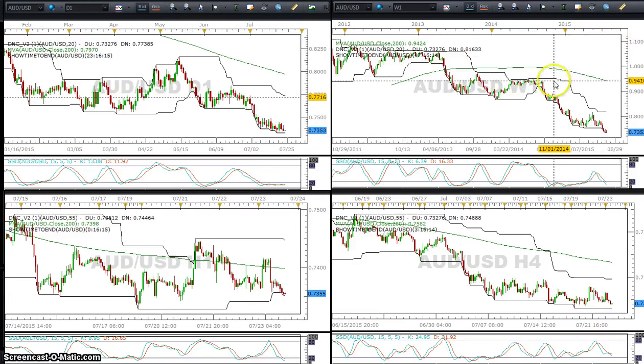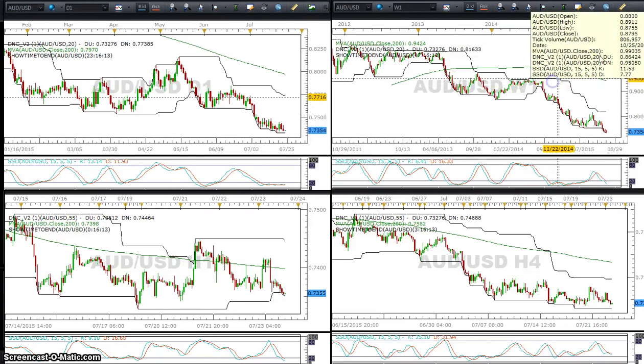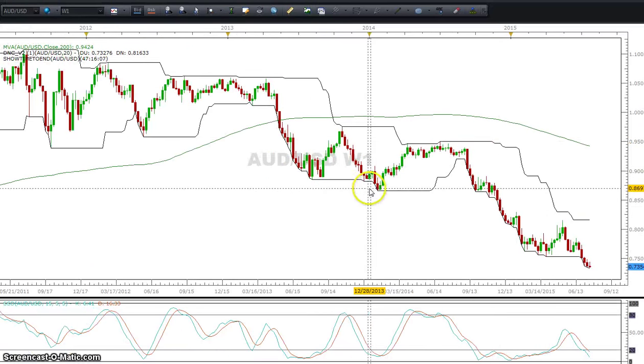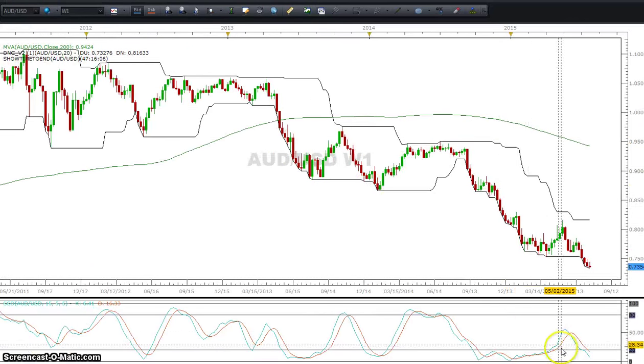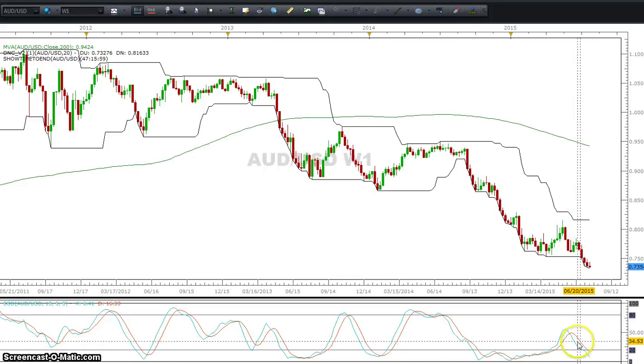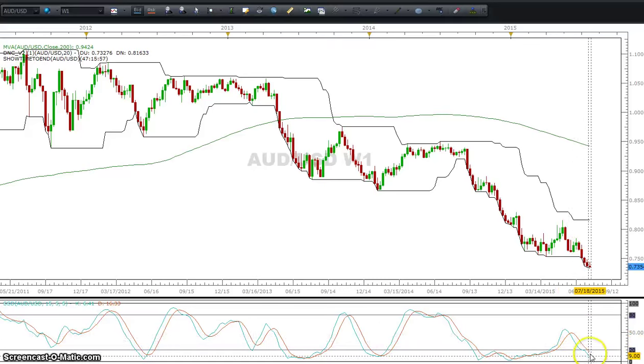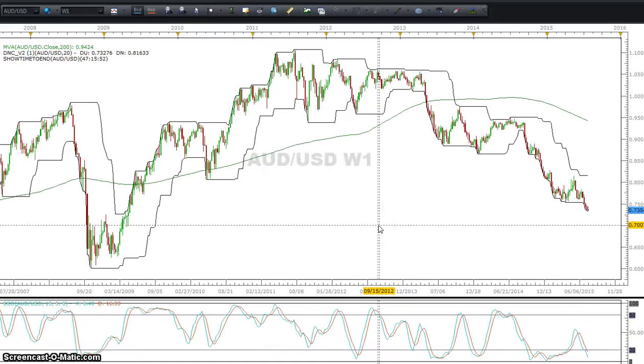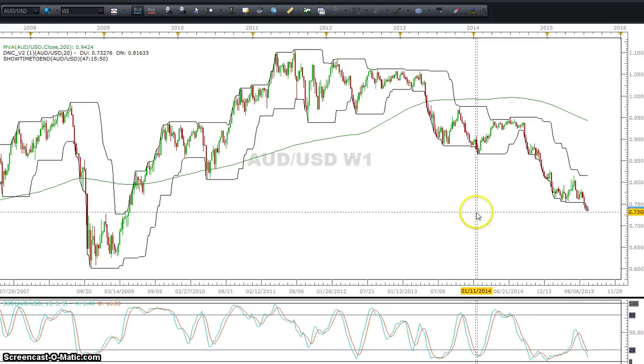What I like that I see right here is, as we expand this, slow stochastics is below 20, so that's bearish. That's a good sign. And it's got good angle and separation and increasing separation to the downside.